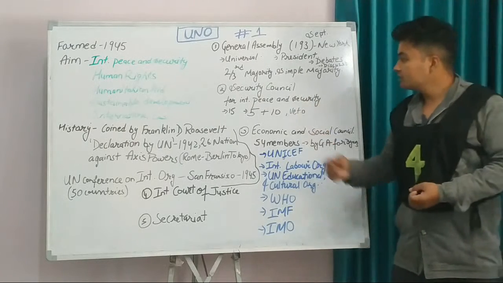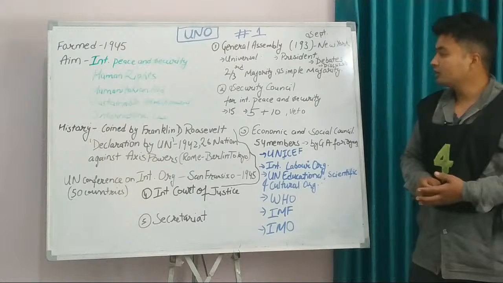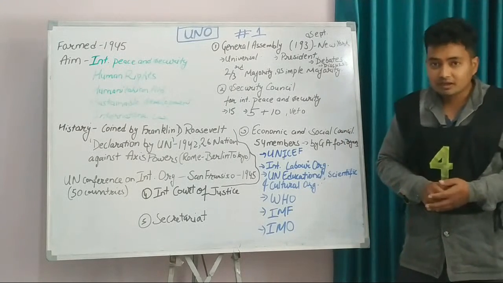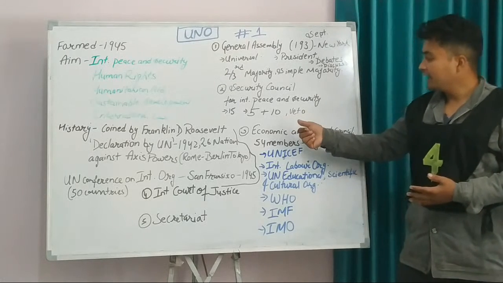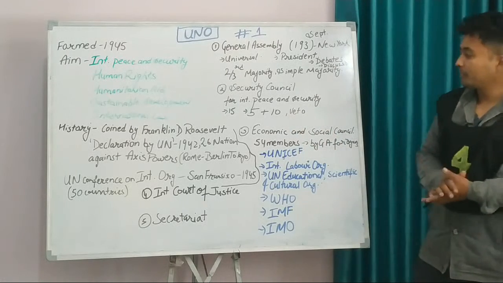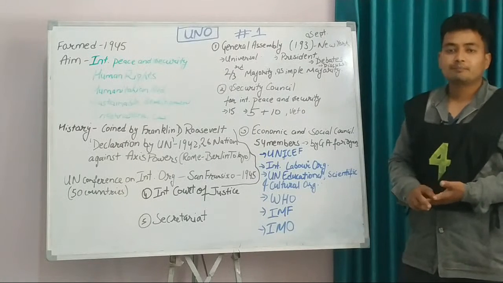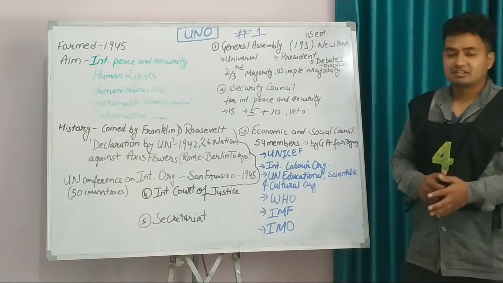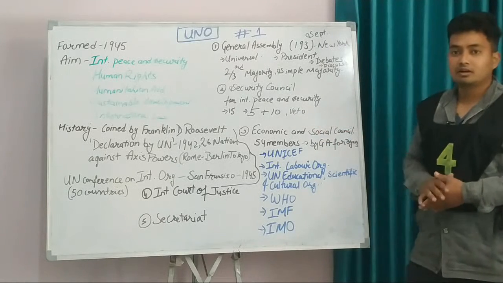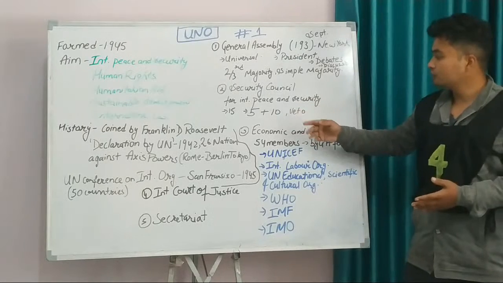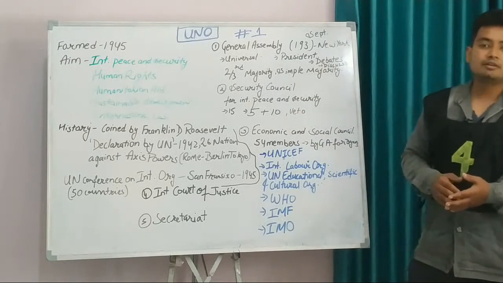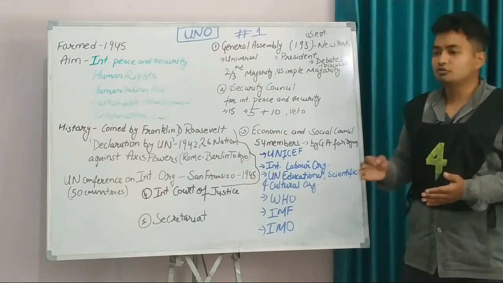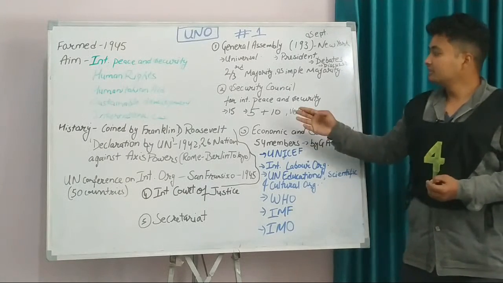Next is the Security Council. The job of the Security Council is to maintain international peace and security. It has 15 members, 5 permanent and 10 non-permanent. The permanent members are China, France, UK, US, and Russia. These 5 permanent members of the Security Council have a veto, with which they can reject any resolution in the Security Council.